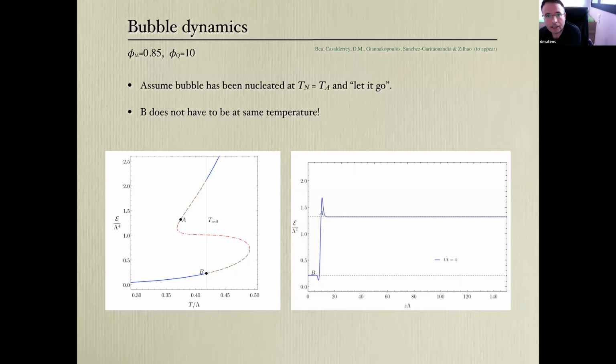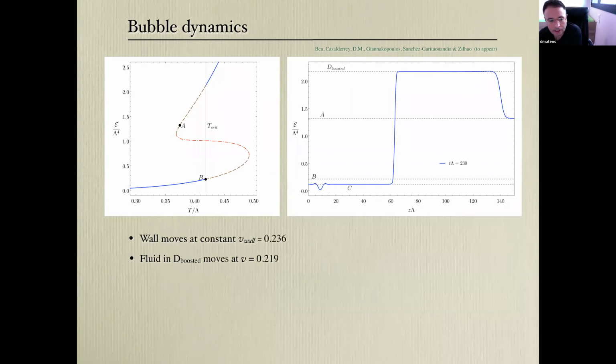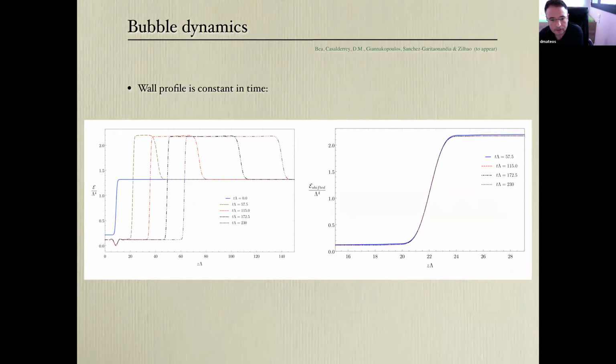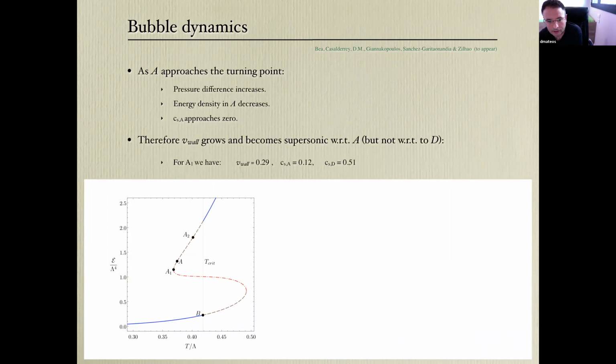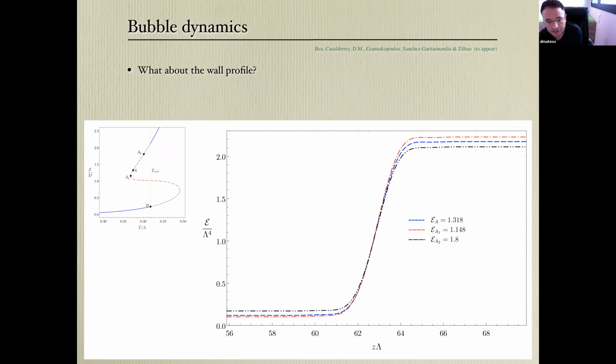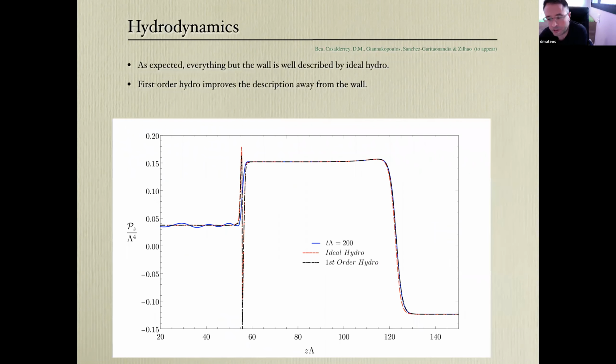Okay. I'm running out of time, but I'm almost done. So I just showed you that the wall profile seems to be universal, and I wanted to address the question, just like I did in the phase-separated configuration, of whether hydrodynamics describes this system. It's well known that on general grounds, you expect hydrodynamics to describe pretty much everything but the wall profile, okay?